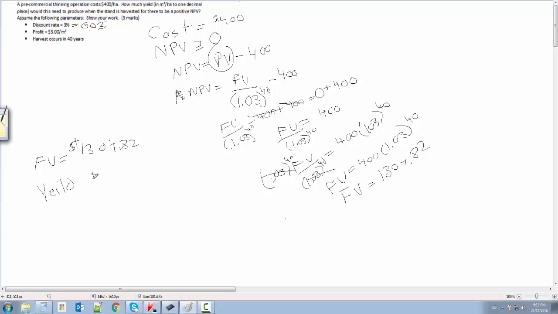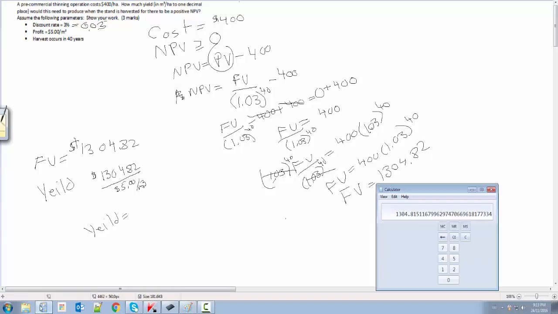So if we want to get meters cubed of wood, we take the dollars here, and we divide it by the $5 per meter cubed, and what we end up with is yield.